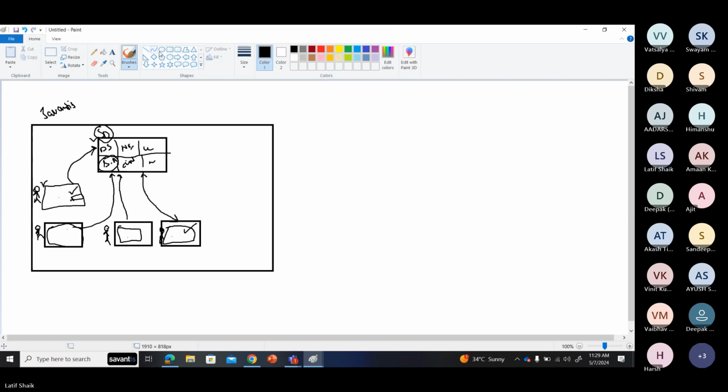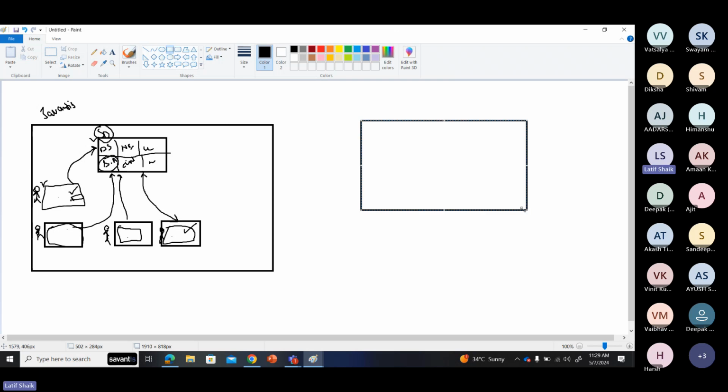Next one. As I said, my organization is providing services; this is a service provider. They need another organization, for example ABC, which is a different organization.